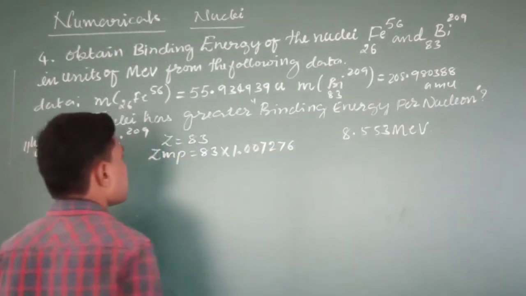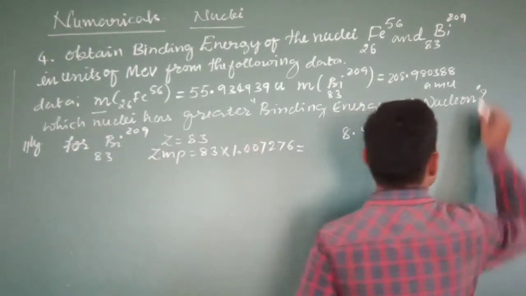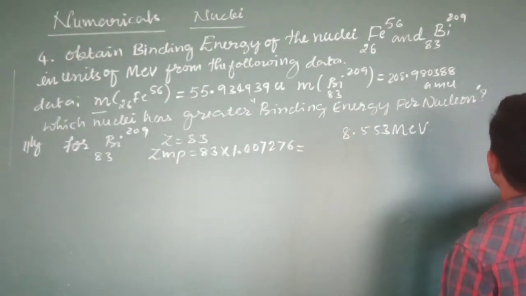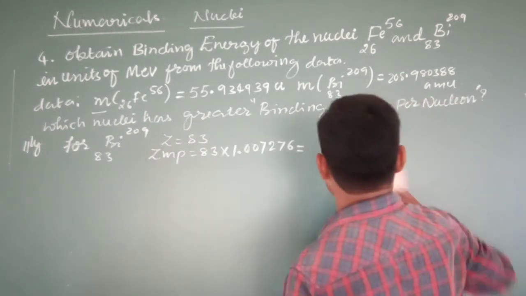1.007276. Okay? Next, you can simplify this and write it if you want. 8.553 MeV. Sorry, for iron.